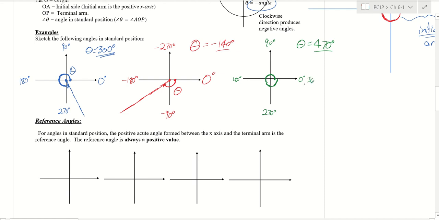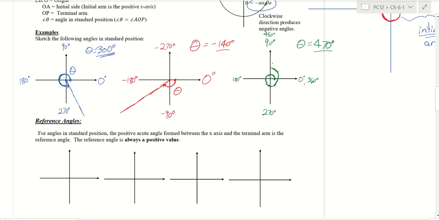We can go beyond 360 degrees, and we can continue. So if we just keep continuing, we'll eventually hit 90 degrees. So we've gone 90 degrees past 360, so that would be at 450 degrees.